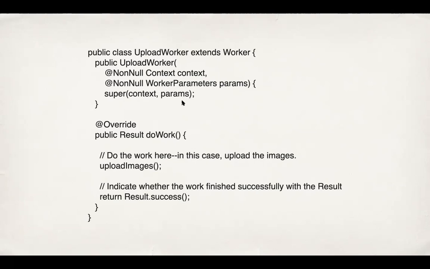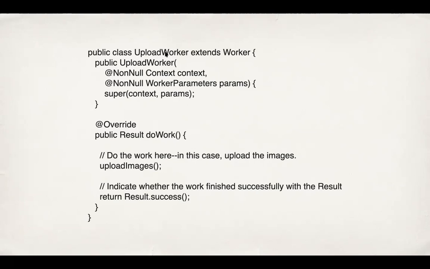Simply calling the super class constructor suffices in most cases. Then inside that, you have to implement a single method, doWork, which is what will be done in the background, right? So comparing to AsyncTask, it's similar. It had doInBackground. Here you have doWork.